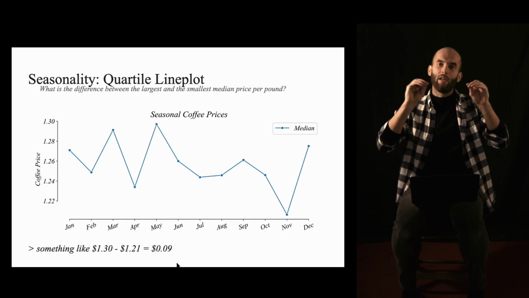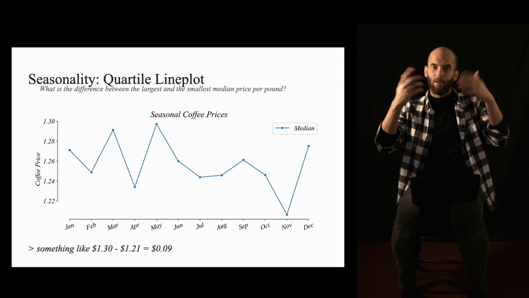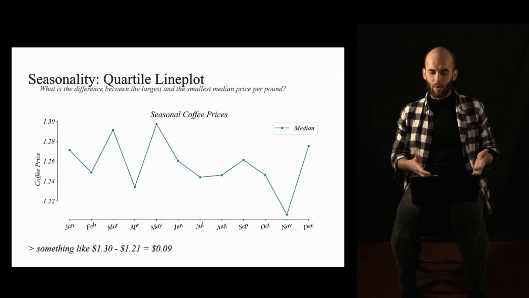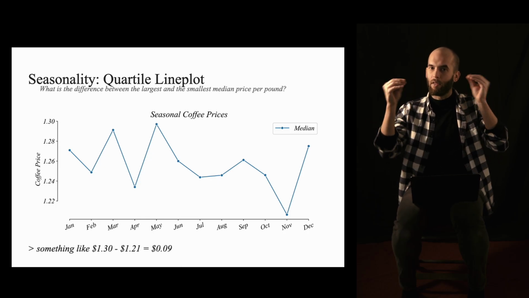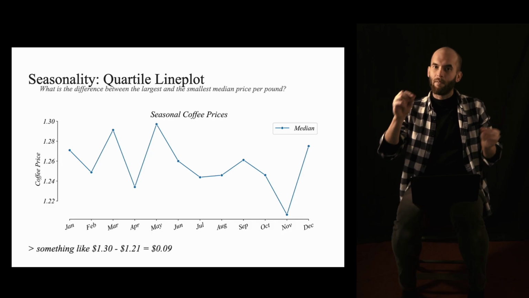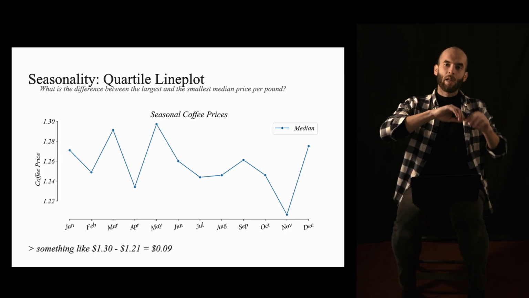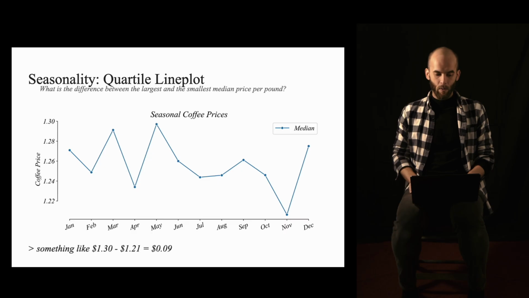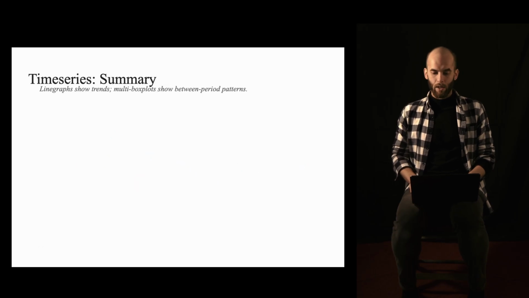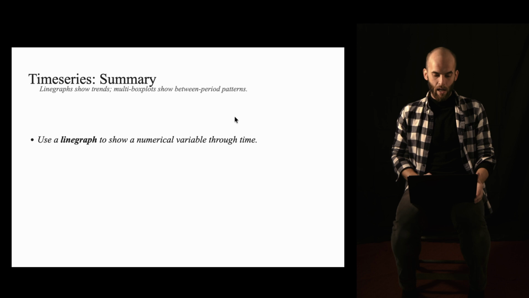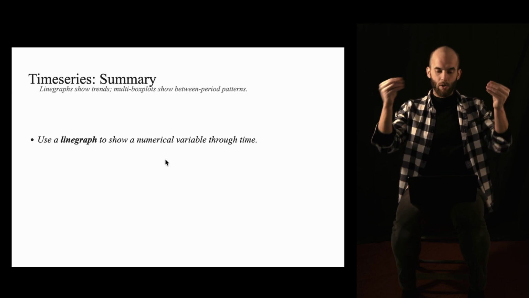So this kind of question, it's sort of hard to see on the multi-box plot, but what we can do here with the line plot is just pull out the statistic we're most interested in. In this case, that's the median, and then plot that against time, which gives us sort of a better visual summary.